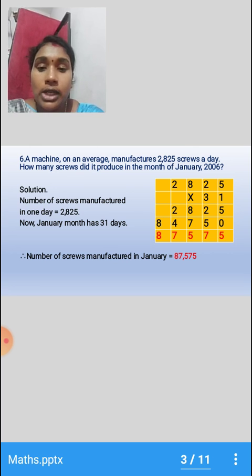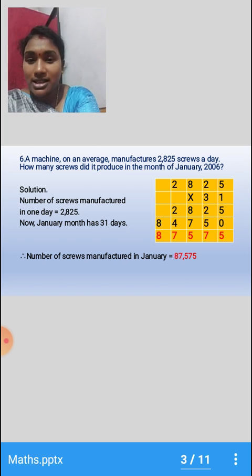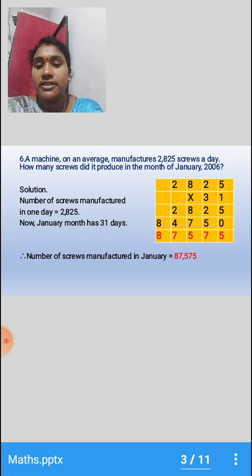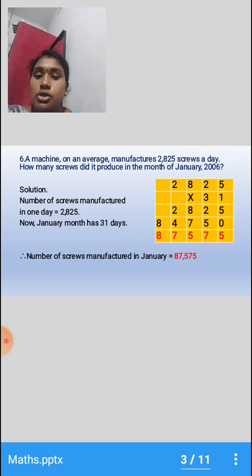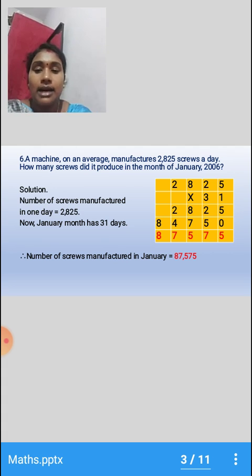When you add all these, 5 plus 0 gives 5, 5 plus 2 gives 7, 8 plus 7 gives 15, and 2 plus 6 gives 8, plus the carried one, and the rest come down as it is.